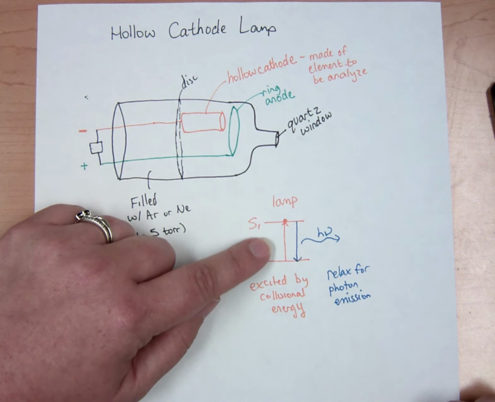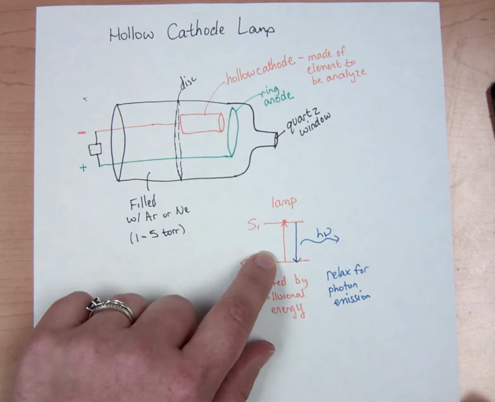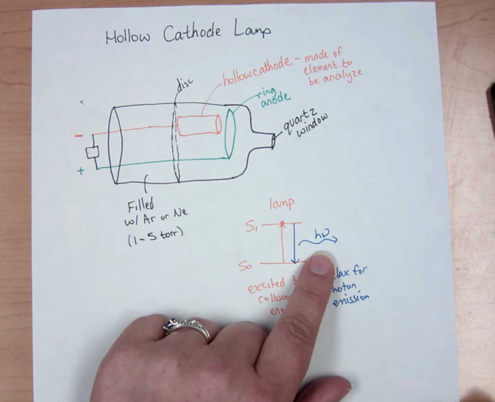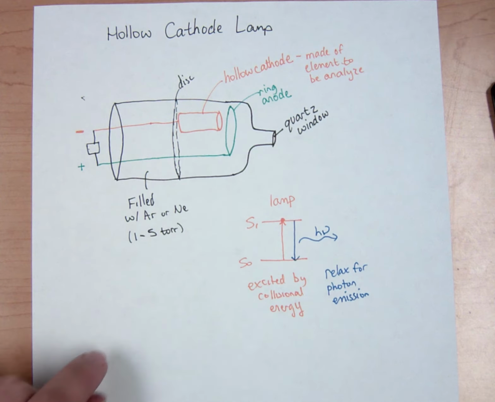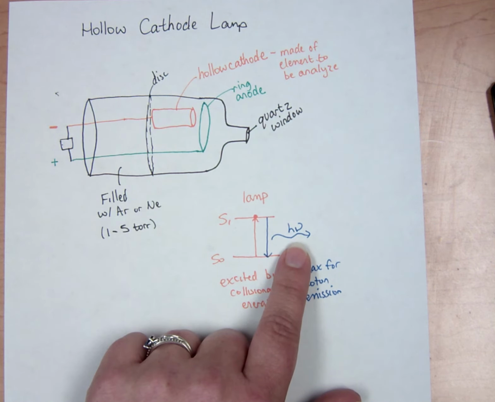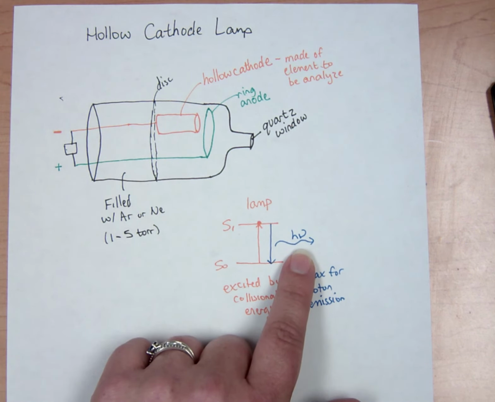Well, then their emission bands are equally narrow. And so what we've essentially done is we've taken the element of interest and made a photon lamp exactly of the wavelength that we need it to be for this element and this element alone.